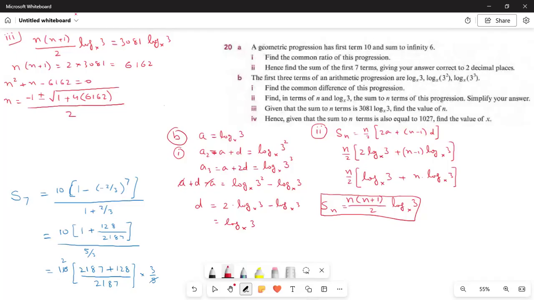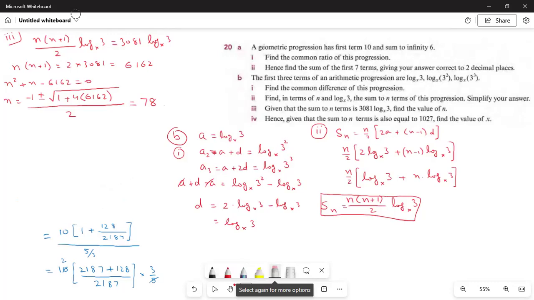When I solve this using a calculator, it gave me 78. That means 78 terms will give you this answer. So this was part 3. I need some more space, so let me clean this as well.